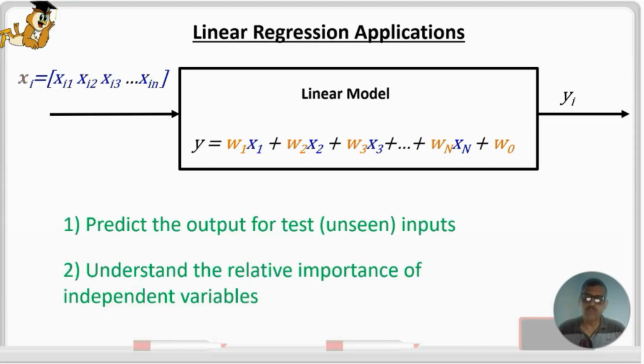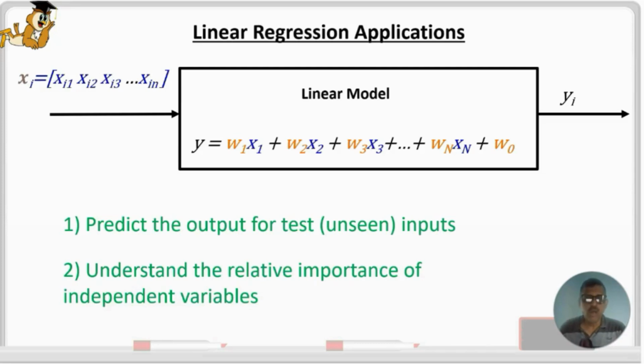Some have greater impact than others, and sometimes your objective is to understand which of these 200 independent variables are the most critical, which have the most impact on your output, and which are insignificant. Understanding the relative importance of independent variables can be an objective in itself.